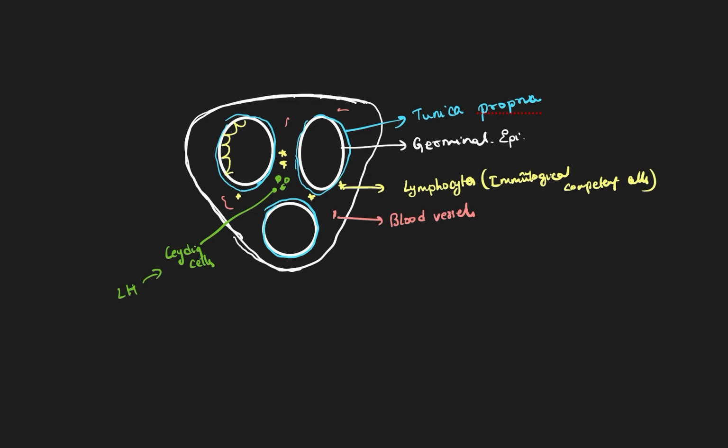These are the cells inside each of them. Okay, I'm just drawing one of them right now. So these are spermatogonia mother cells, which give rise to sperms basically.